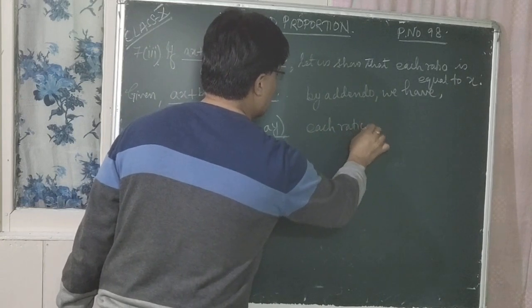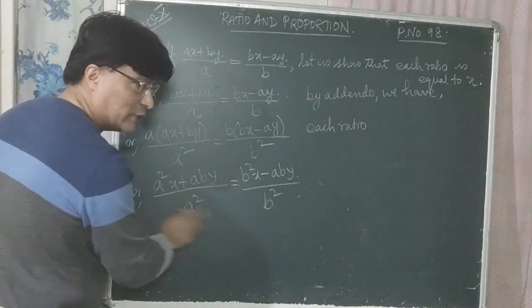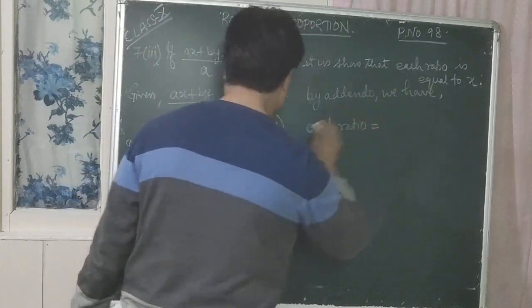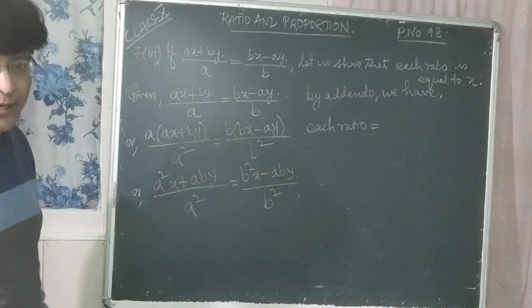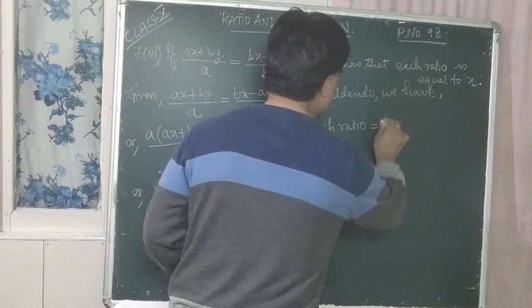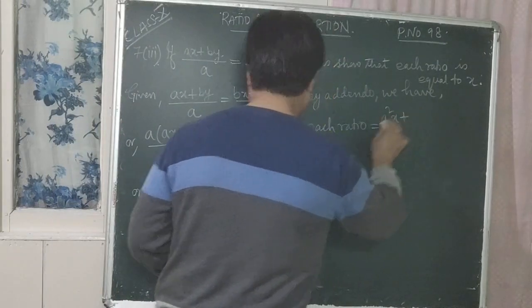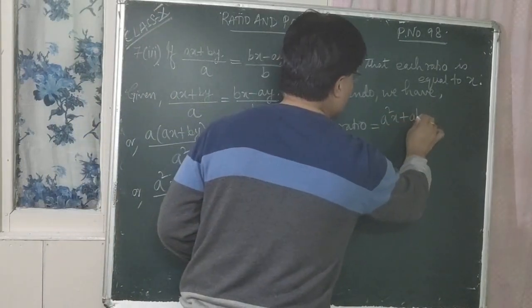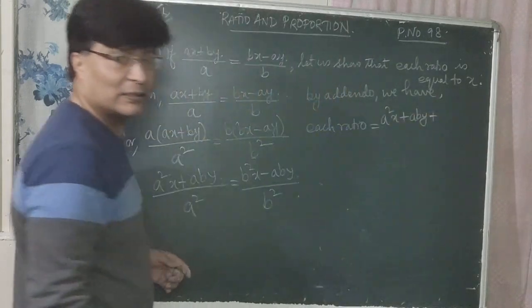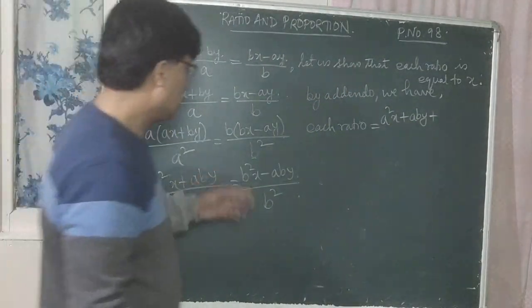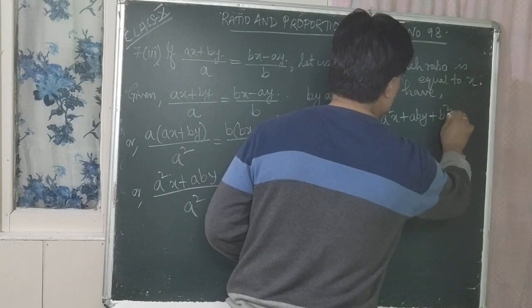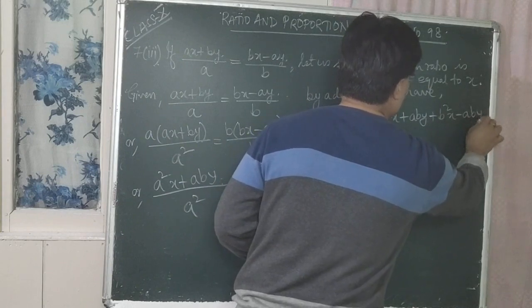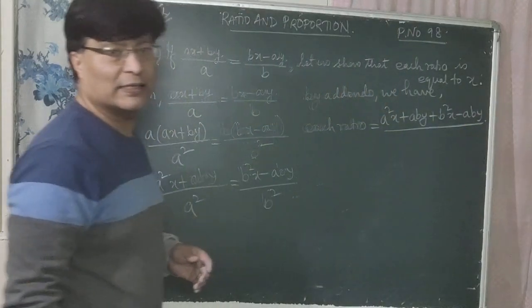This each ratio means these two ratios is equal to, you have to add those numerators now. What is numerator here? A square x plus aby plus what? Plus b square x minus aby, this whole divided by.